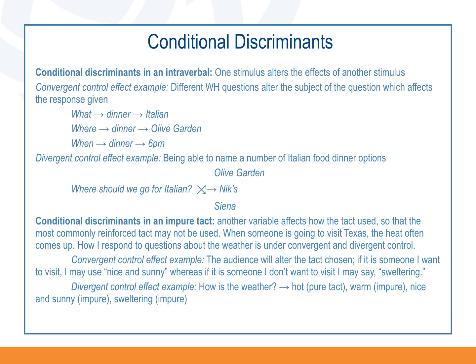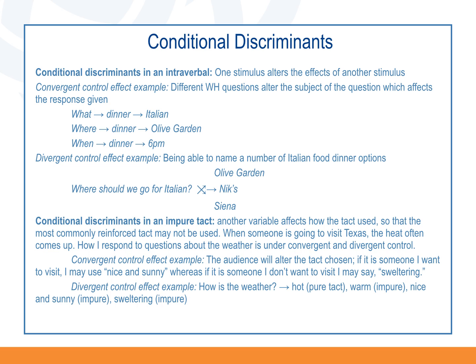So that's your divergent. Within impure tacts, what they talk about is how you may change the actual label you give something based on their own experiences or the point you're attempting to get across. For convergent, the audience can alter that tact.